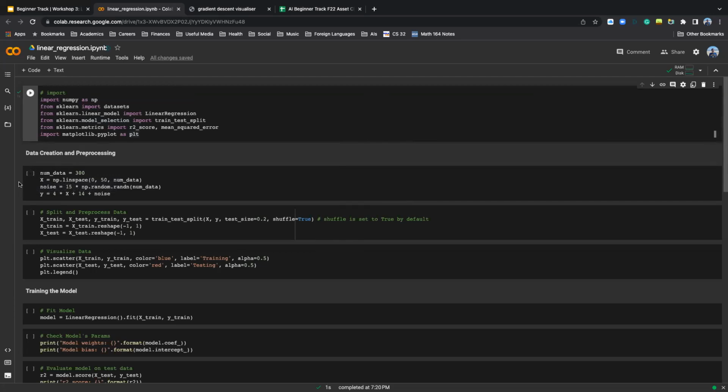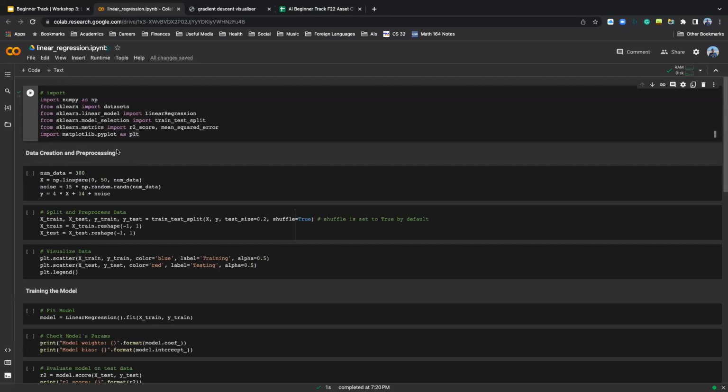So for this, this is just some pre-processing data. This is the num data. We're generating 300 numbers. np.linspace basically generates 300 numbers from 0 to 50.